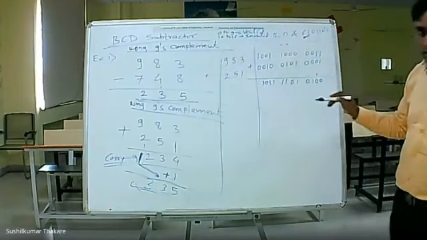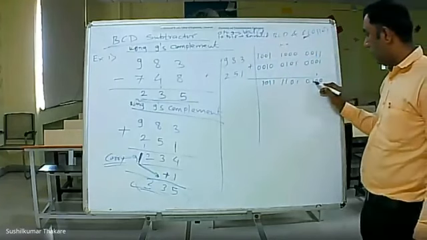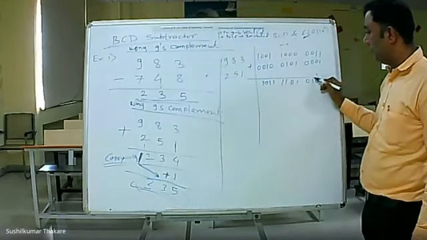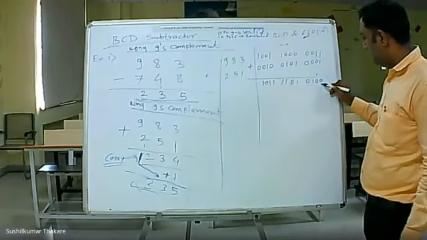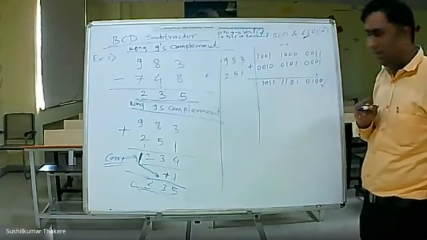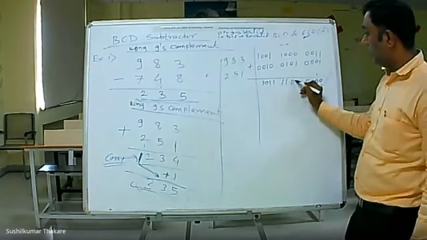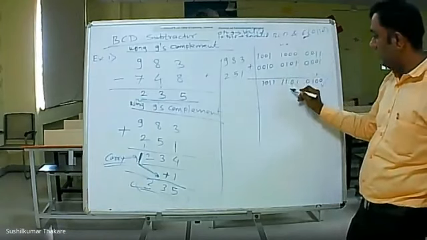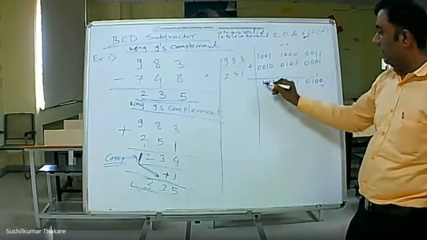Okay, so check it. 0100 is 8, 4, 2, 1, so this is 4. So it's valid BCD. Next, 1101 is 8 plus 4 plus 1, that is 13, so it's invalid. Again, it's also invalid.